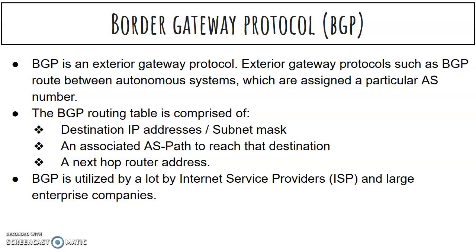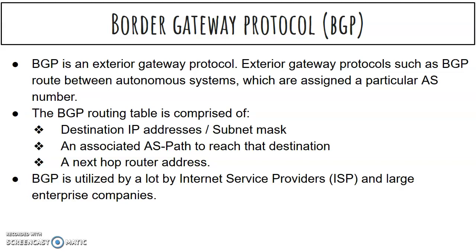Now let's have a look at one of the exterior routing protocols which I've included, which is the Border Gateway Protocol. So BGP is an exterior gateway protocol. I told you that an exterior gateway protocol interacts between different autonomous systems, and an interior routing protocol is within the autonomous system. So in exterior routing protocols, the autonomous system is given an AS number, the autonomous system number, and using that number, the BGP protocol operates.